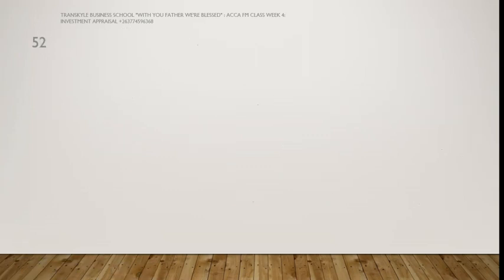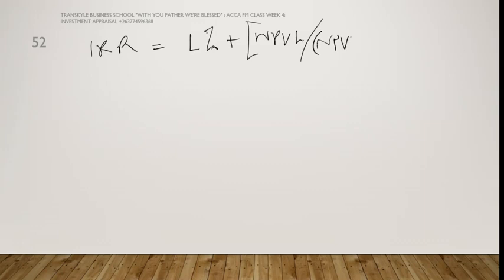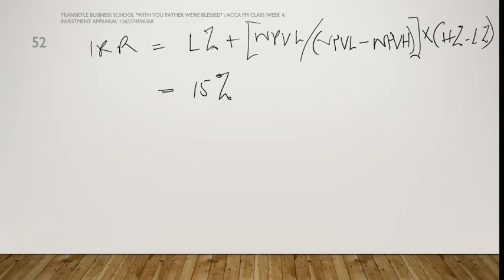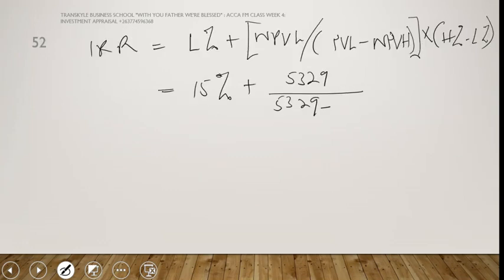The IRR, we know, is the lower percentage plus the NPV of the lower percentage divided by the NPV of the lower percentage minus the NPV of the higher percentage, multiplied by the higher percentage minus the lower percentage. In this case, the lower percentage was 15%, plus 5,329 divided by 5,329 minus the NPV of the higher percentage 20%, which was negative 26,306. So negative ending up being a plus.